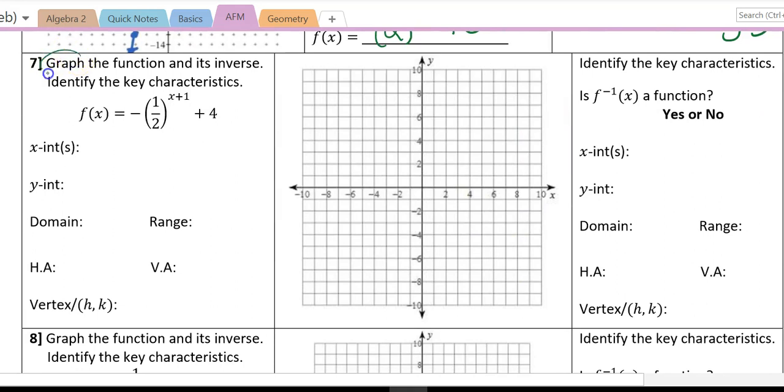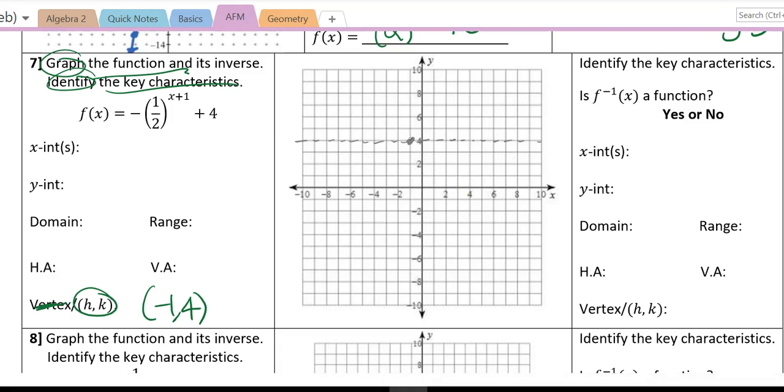Okay, this time graph the function characteristics. -1, +4. So plot that value, and we're going to do a horizontal line through that. And then we look at what our a value is.